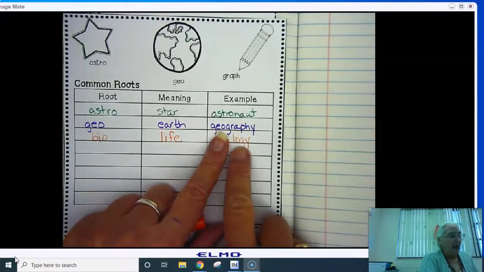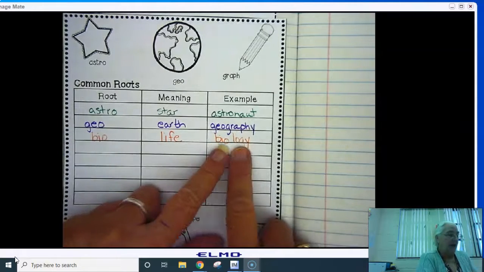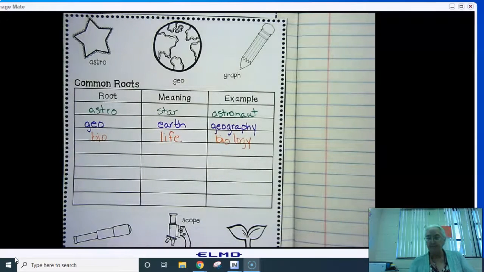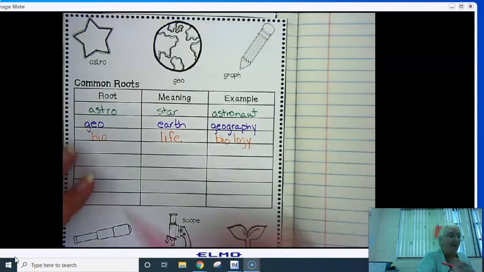This L-O-G-Y part, that refers to studying. That's another root, or actually suffix, that we would add on to a word, and it means the study of. So biology is the study of life. There we go. Can you think of other words that have ology on them? Probably.